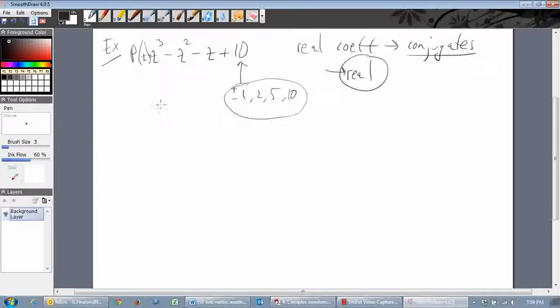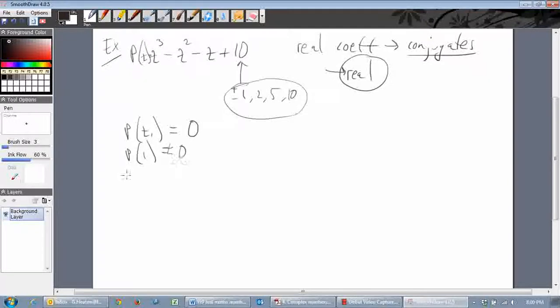P(z) is equal to that, and let's just try a few of these numbers, looking at the factor theorem, because remember, if z1 is a root of this equation, then P(z1) will be equal to 0. Let's just try a few numbers. Let's try P(1). What happens to P(1)? You get 1 cubed, 1 minus 1 plus 10.